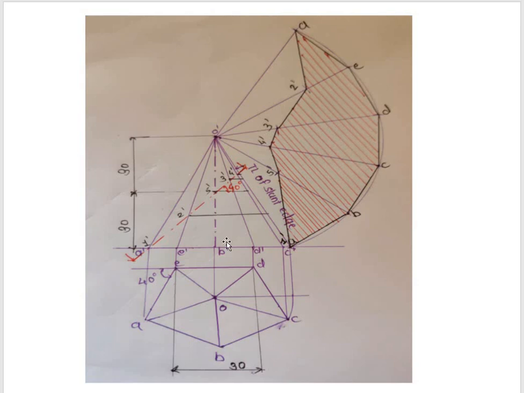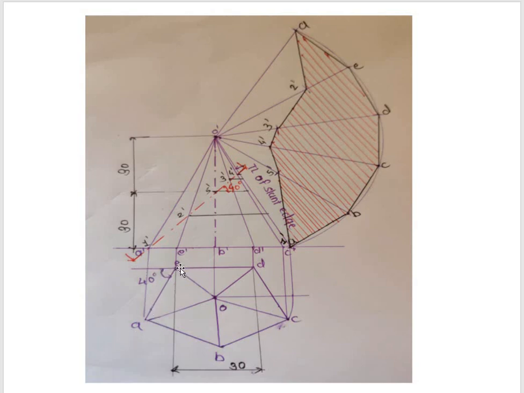As I have told you, you have to first make the 30 mm side. So the very first step is to take an XY line. After that, as they have mentioned, one side of the pentagon is at 40 degree to VP. Earlier I have told you, whatever is related with the VP, you have to simply draw in the top view only.